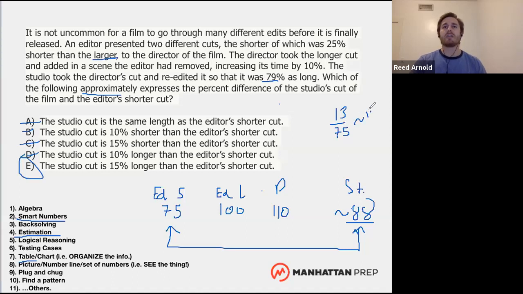It's about 13 out of 78, which would be 1/6, which is 16 2/3%, about 17%. Okay. So this is a little less than 16% longer than the shorter cut, and so it's about 15% longer than the shorter cut. So the answer here is E, by picking smart numbers, organizing them in a chart, and estimating when the numbers don't work perfectly.